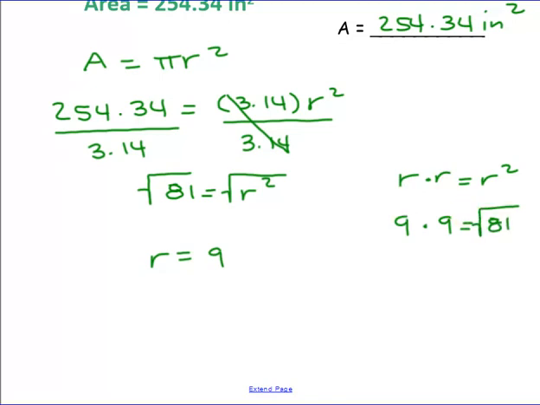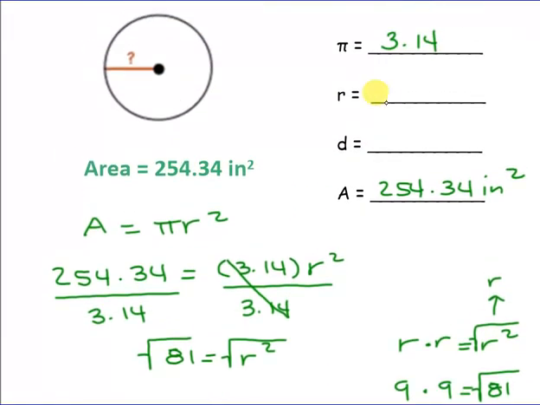If I took the square root of 81, it gives me 9. If I took the square root of r squared, it just simply gives me r. Remember that the square root is asking you what times what gives me this number, but it has to be the same number. So here our radius is 9 inches and our diameter is 18 inches.